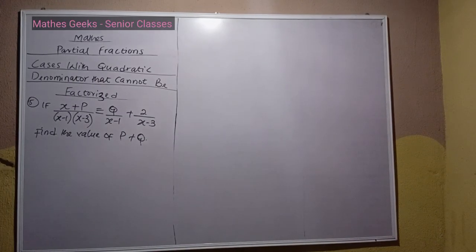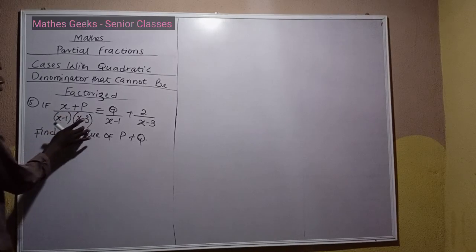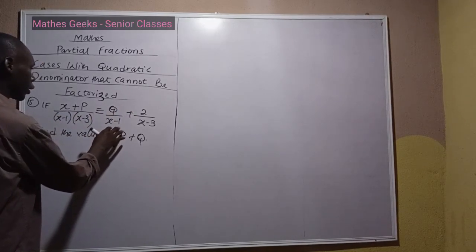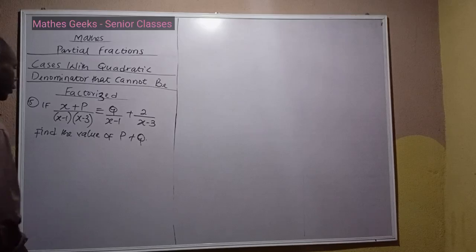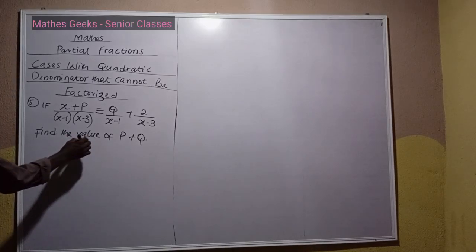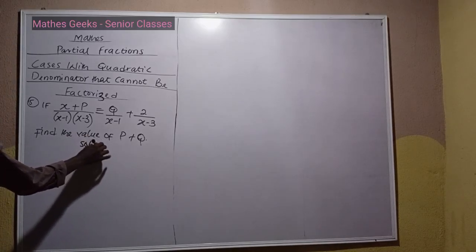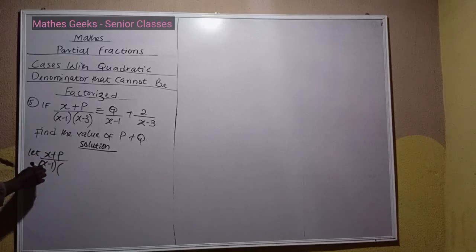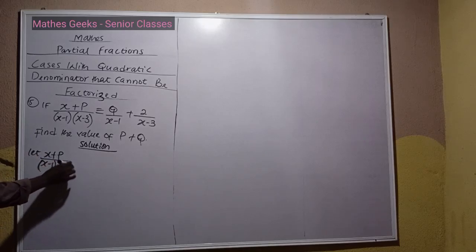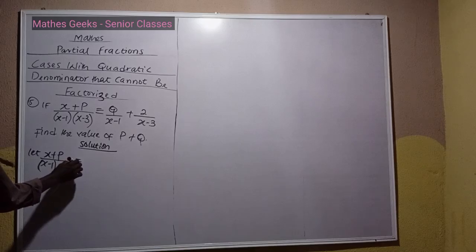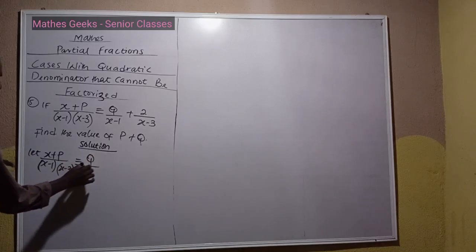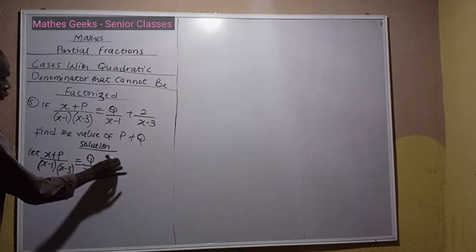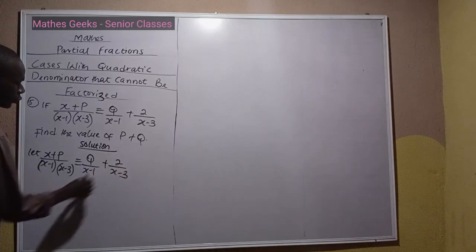Next question: if x plus p over x minus 1, x minus 3 is identical to q over x minus 1 plus 2 over x minus 3, find the value of p plus q. Solution. Let x plus p over x minus 1, x minus 3 be identical to q over x minus 1 plus 2 over x minus 3.